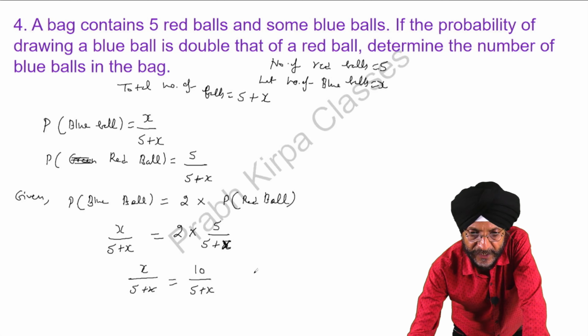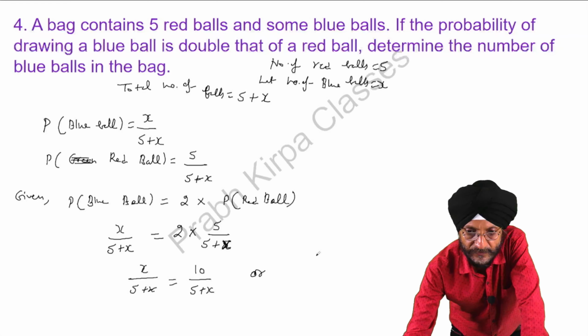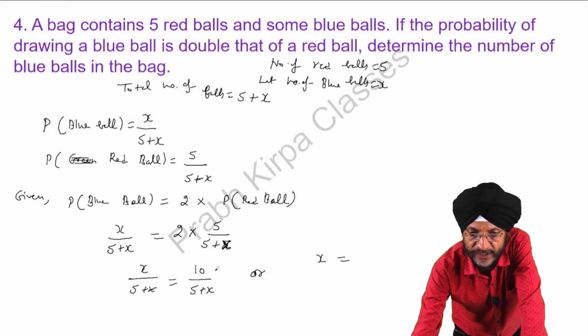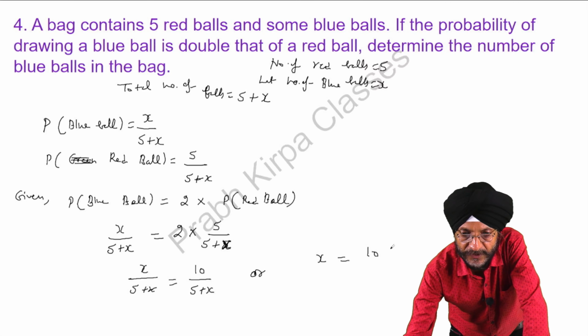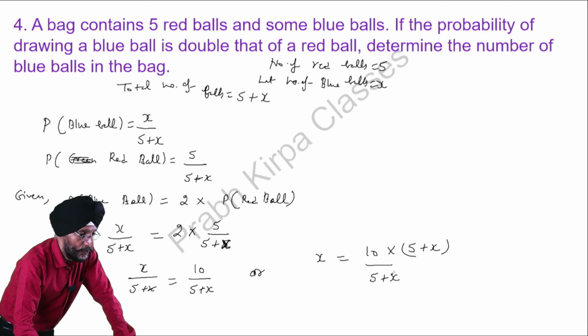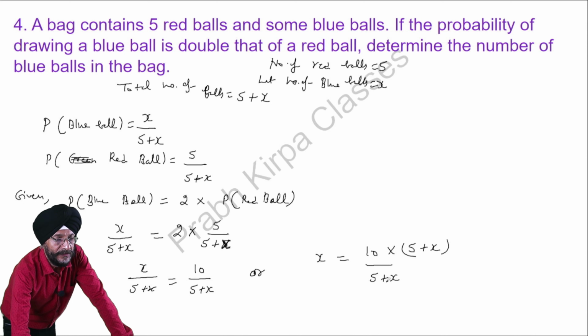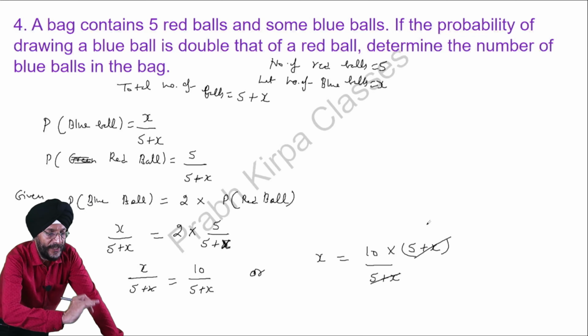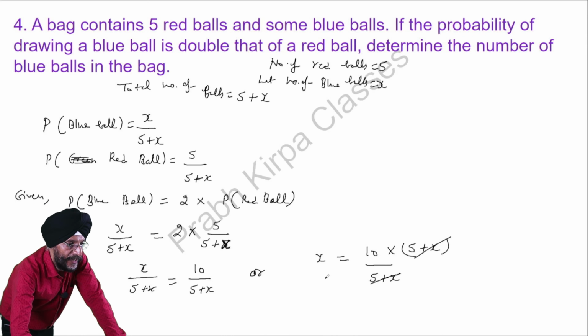We can also write it as x equals 10 into 5 plus x divided by 5 plus x, as 5 plus x goes to the other side on the upper side. So here 5 plus x will be cut, both sides, upper and lower side, will be cut with each other, and x is equal to 10.